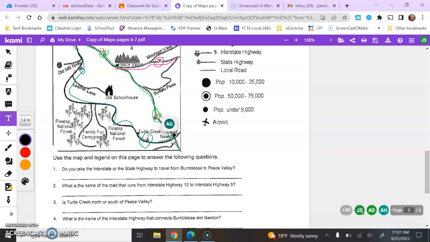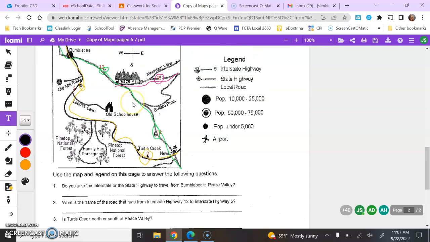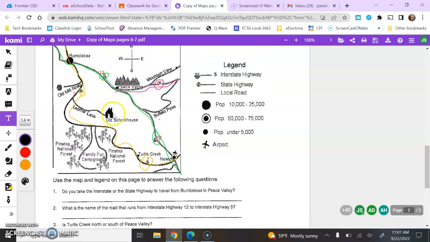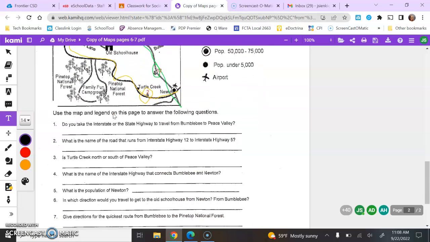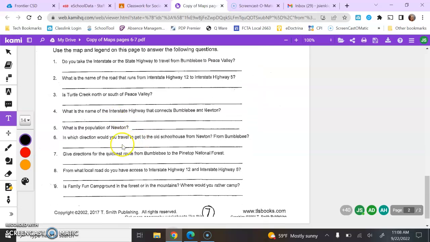Is it northwest, northeast, southwest, southeast? Then you're going to go from Bumblebee to the old schoolhouse. So which direction are you going to travel there? North, east, south, or west. And then you have your intermediate directions, which are northwest, northeast, southwest, and southeast. So you need 2 answers for number 6.